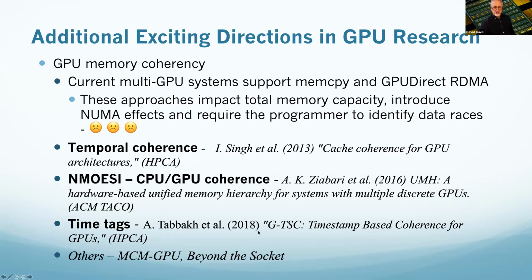And there's been more recent work on time tagging, which was timestamp-based coherence for GPUs, in HPCA 2018. All of these seem like interesting paths. There's also been some other work on MCM GPUs and beyond the socket work. So I'm pointing you to some work looking at how we do memory coherency. This can really help us in terms of multi-GPU.